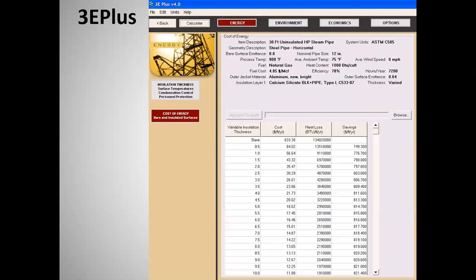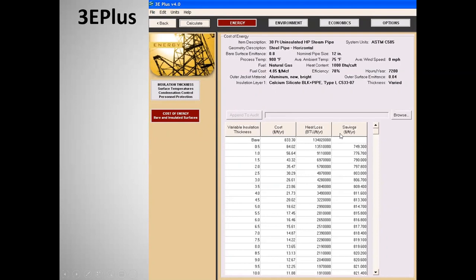Yeah, and there. So there you go. Now this one, how are we doing here? Okay. So similar type stuff, but this is dollars per foot per year. And then this is heat loss, BTUs per foot per year.